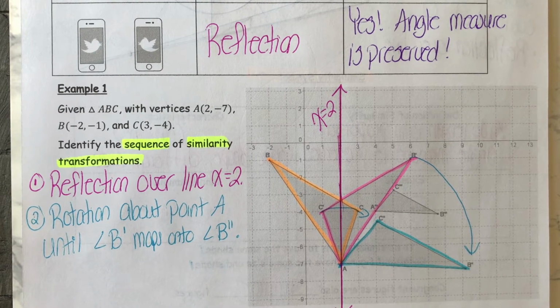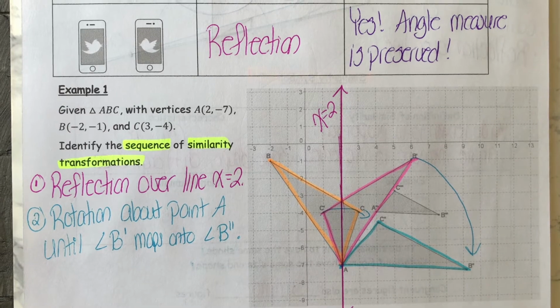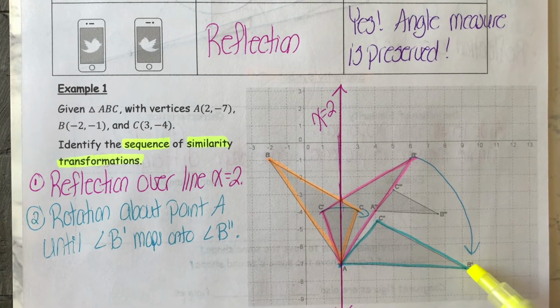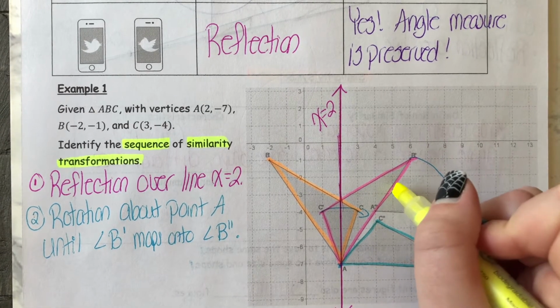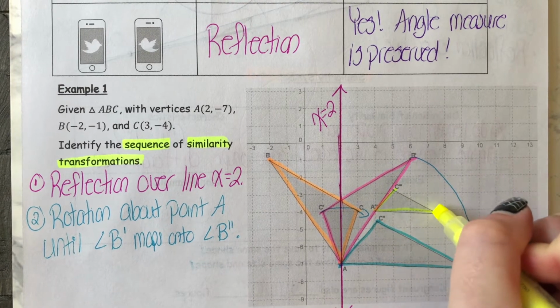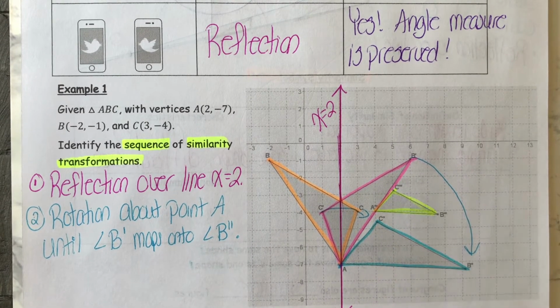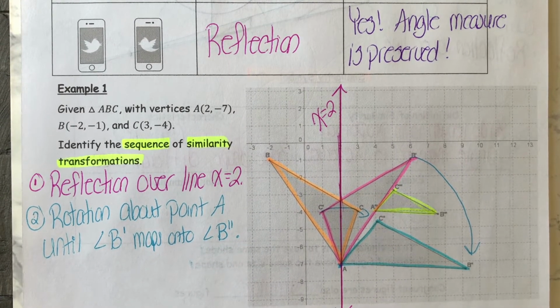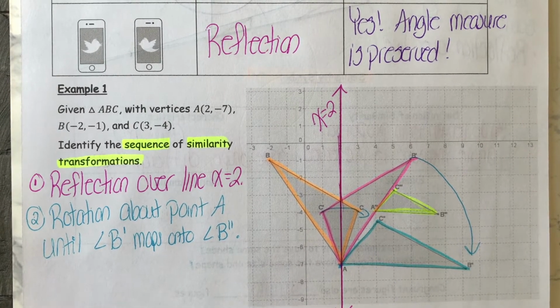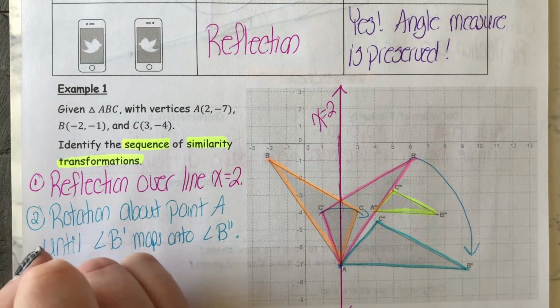So here we go. Let me grab the yellow for this. So here is my double prime, the blue. Now I'm looking for my triple prime, which I'm going to highlight now in yellow. I can see that the size is changing, and the only thing that changes size would be a dilation. So I'm going to say step 3 would be a dilation.